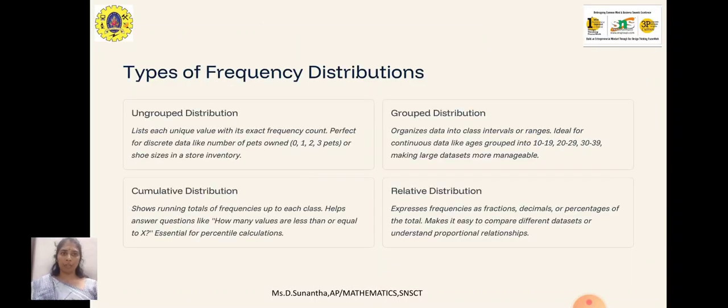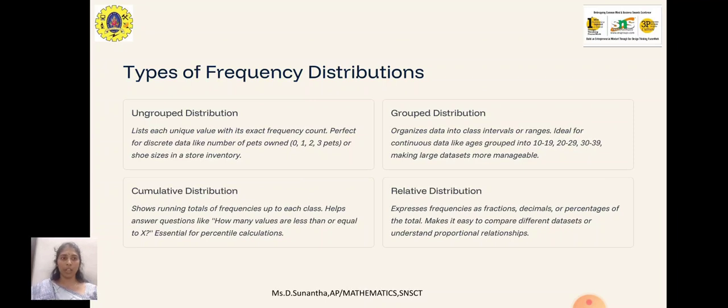So let us see the types of frequencies: ungrouped frequency, grouped frequency, cumulative frequency, and relative frequency. The first one is a discrete type, in which the values are counted as 0, 1, 2, 3, and so on. The second is grouped, in which we see a continuous data set with ranges like 10 to 19, 20 to 29, 30 to 39, etc. Next is cumulative frequency, which shows running totals of frequency up to each class and helps answer questions like how many values are less than or equal to x, and percentiles.